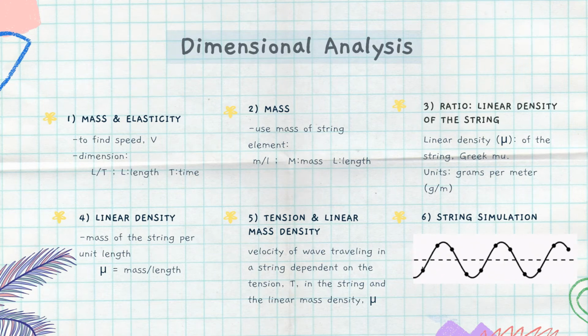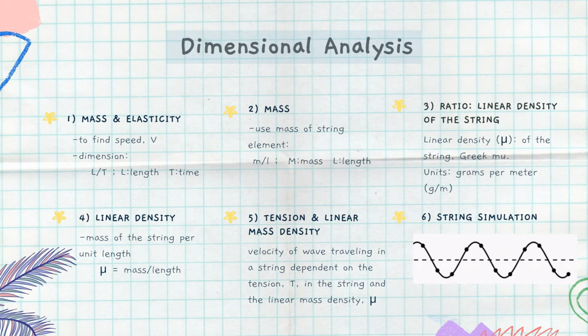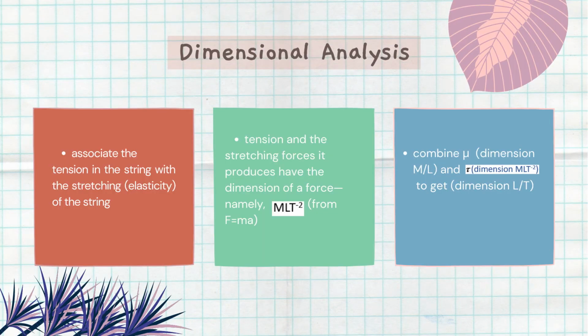As a wave travels along the string, it displaces elements of the string by causing additional stretching, with adjacent sections of string pulling on each other because of the tension. Thus, we can associate the tension in the string with the stretching of the string.